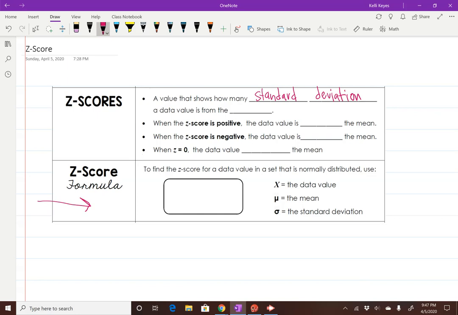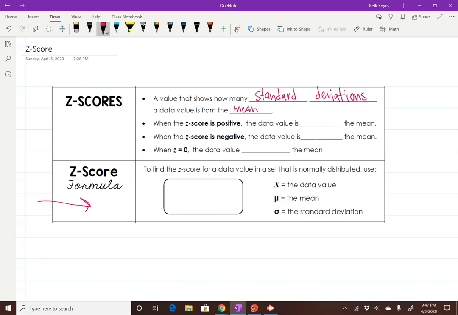That's what a standard deviation tells us about a data set. How many standard deviations a data value is from the mean or average. Sorry, I'm just going to always say mean, but hopefully by now you know that is the same as average.